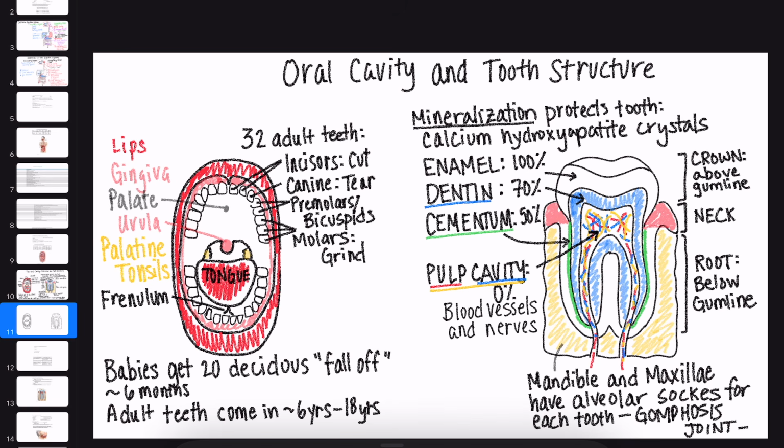Periodontal ligaments hold the tooth to the bone. And these ligaments, like all ligaments, are made out of collagen fibers. So you can see these collagen fibers are anchoring the tooth to the surrounding mandible and maxilla bone within the alveolar socket.